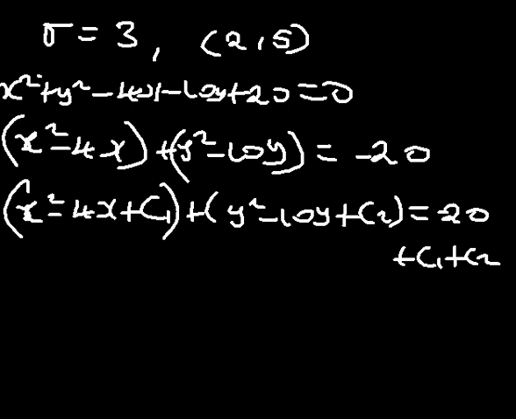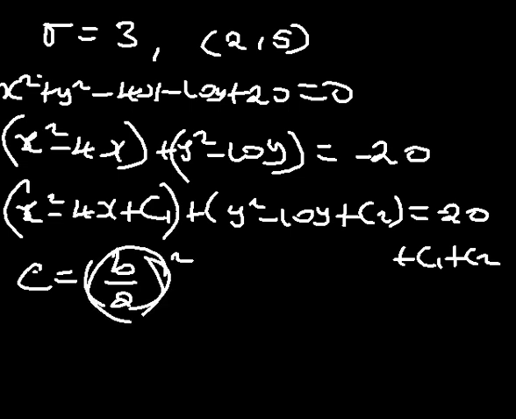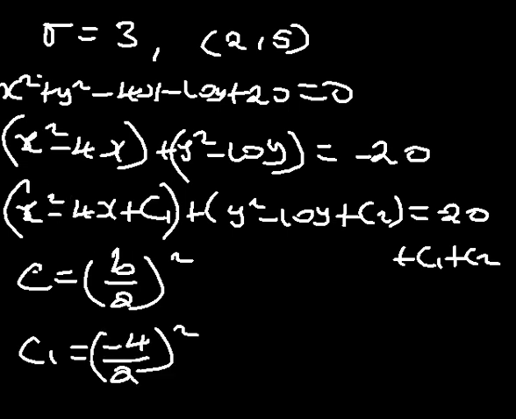So now, how should you get the value of these c's? Here is the formula, which says that c is given as b over 2, to the power 2. This is what we discussed. So let's start with c1. What is the value of b? We have negative 4 over 2 to the power 2, which is 4.